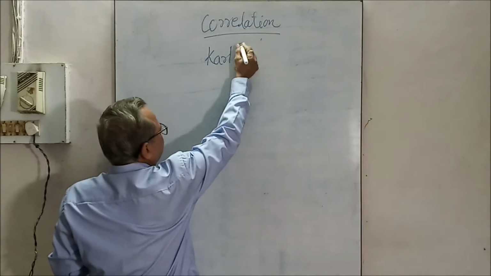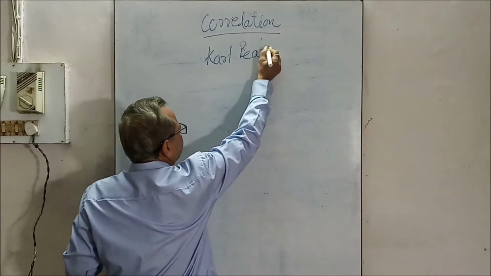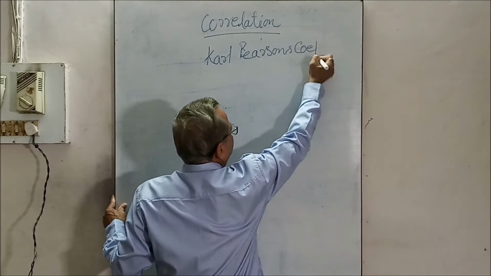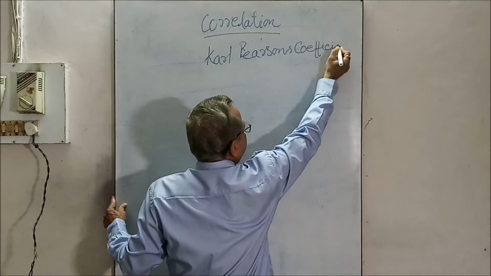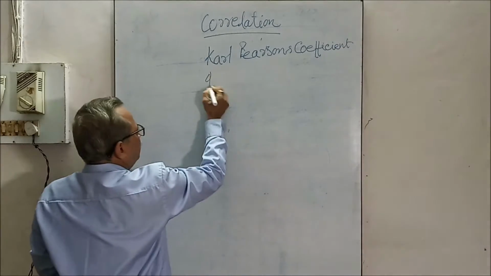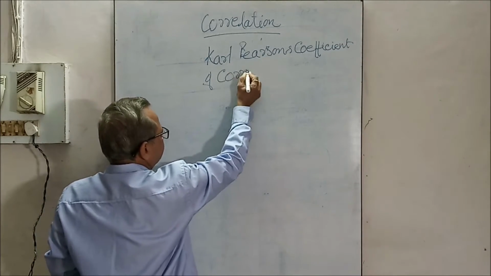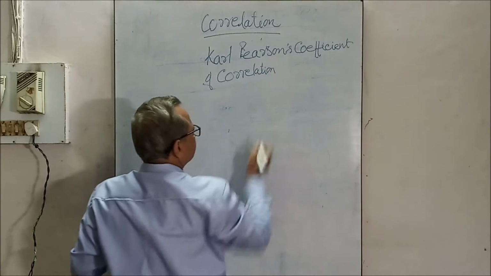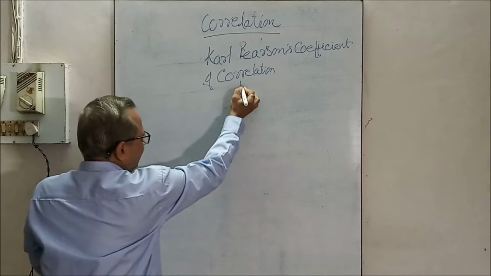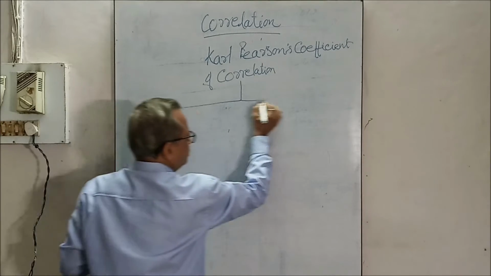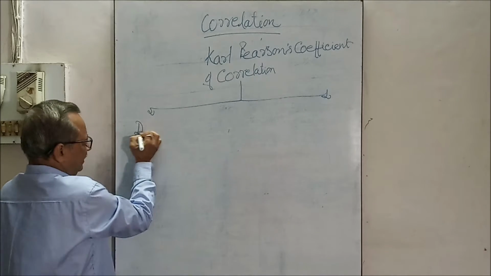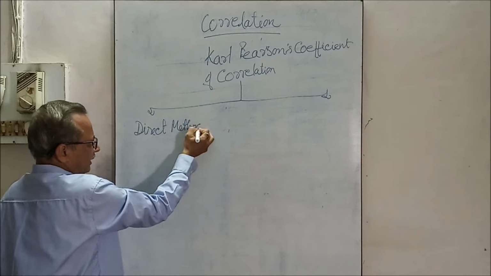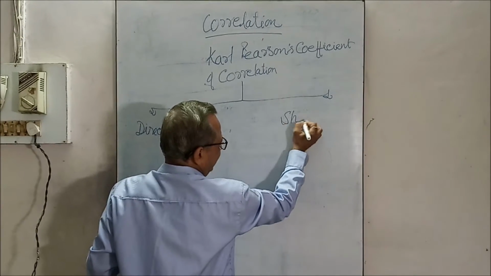Karl Pearson's coefficient of correlation. There are two methods used: the direct method and the shortcut method, or indirect method.